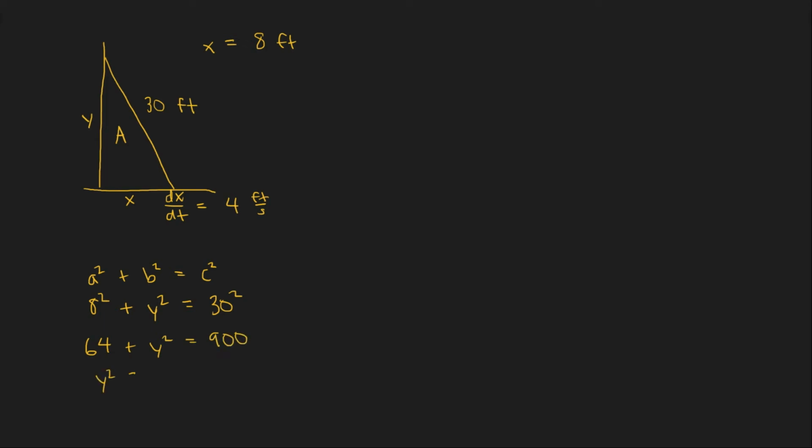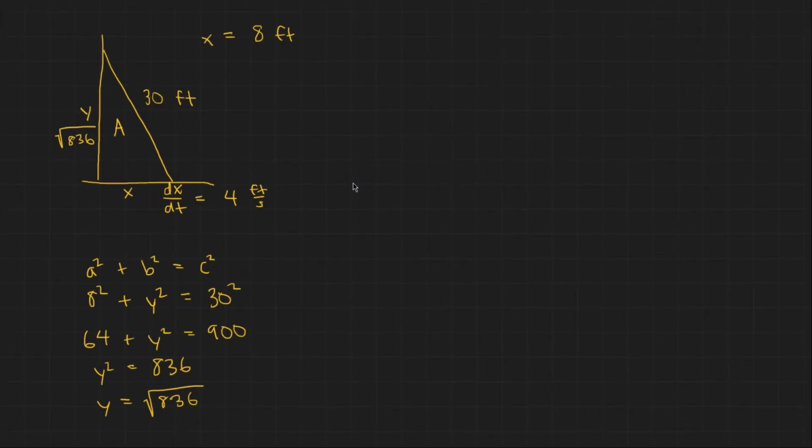Y squared equals 836, and we get that our y value is going to be the square root of 836. So let's write that here. What this tells us is that at the instant that this distance is 8 feet, this distance is going to be root 836 feet.